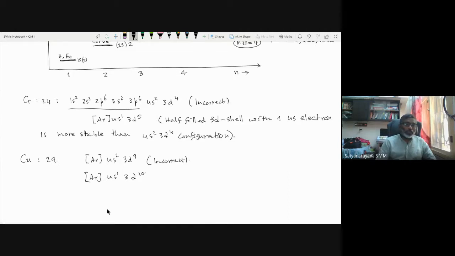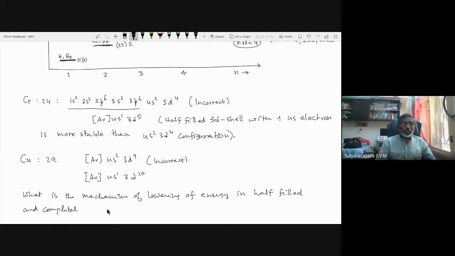So what is the mechanism of lowering of energy in half filled and completely filled D shells in chromium and copper?